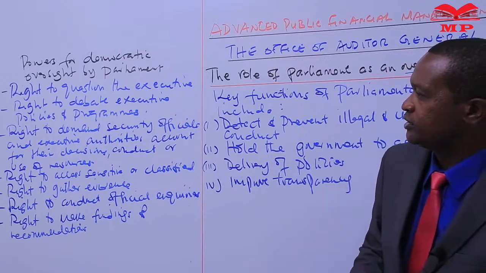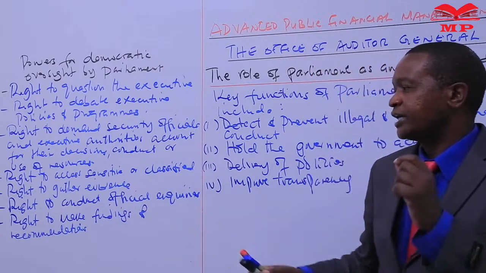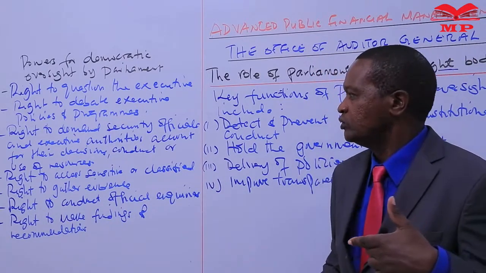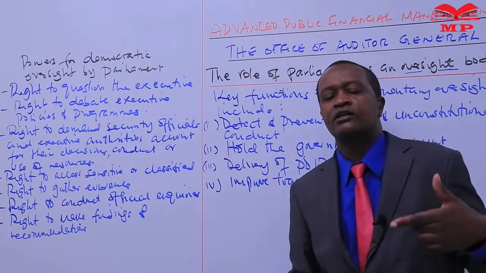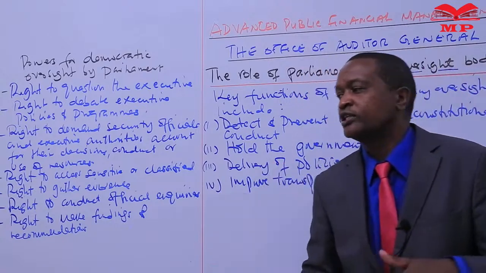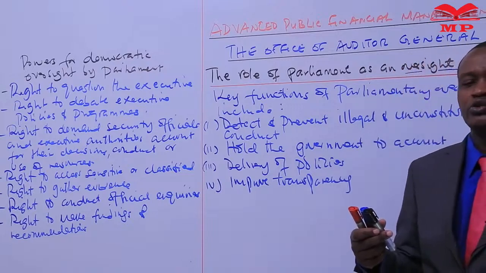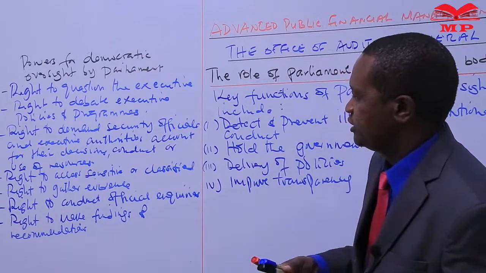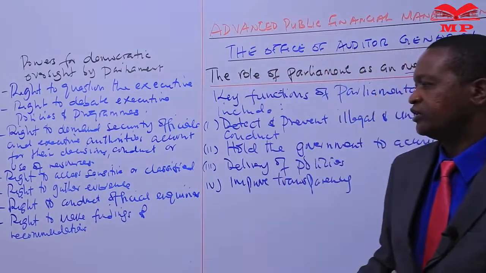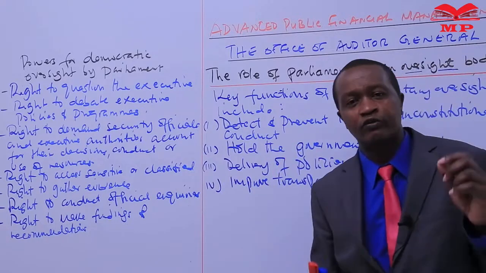We also say that the Parliament has a right to access sensitive or classified information, the right to also collect evidence, including visiting security institutions, the right to demand or initiate official inquiries, the right to make findings, and also recommendations. So candidates, these are the powers of democratic oversight.